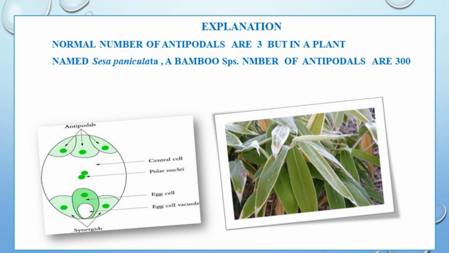So here we'll get an exceptional case, an exceptional plant species named Sesa paniculata, a bamboo species which has 300 antipodal cells. In normal angiosperm embryo sac, we will get 3 antipodals, but here it is 300 in number. So the correct choice will be 300, that is C.